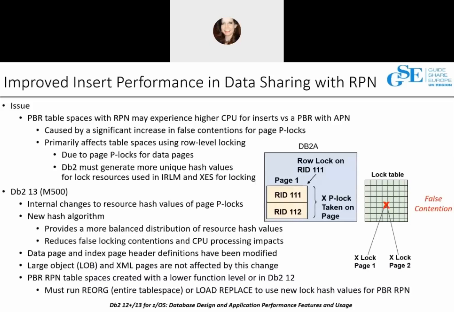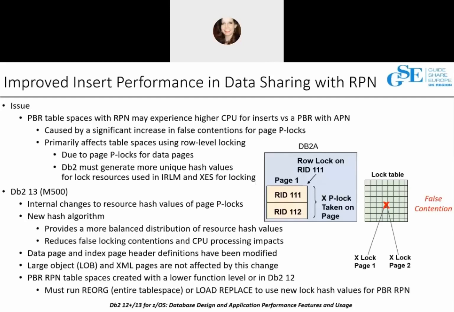So every time you needed a row lock, it had to take a P-lock regardless of the number of rows per page being accessed, and that would have to generate a hash value for the X-lock on that P-lock. That resulted in, of course, false contention, as you're having to have more lock entries for these locks.